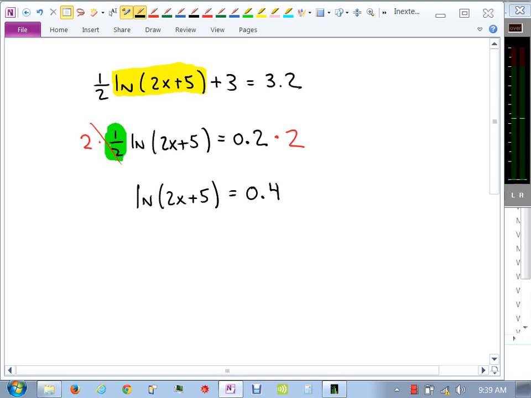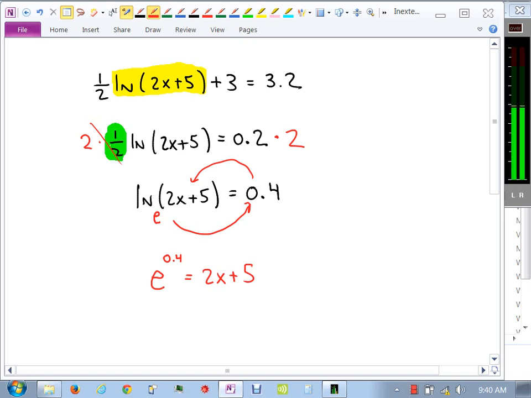Now, can we loop it now? Yes? What's the part of the log? This base is e actually, right? Natural log is log base e. So it's going to be an e like this. So it becomes e raised to the 0.4 is equal to 2x plus 5.